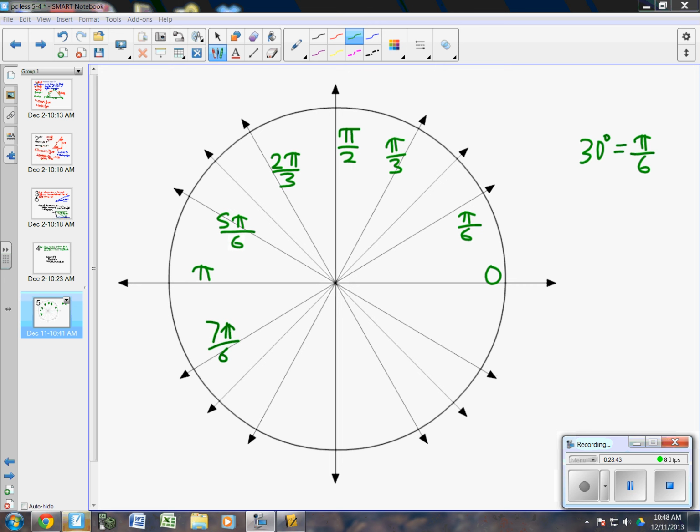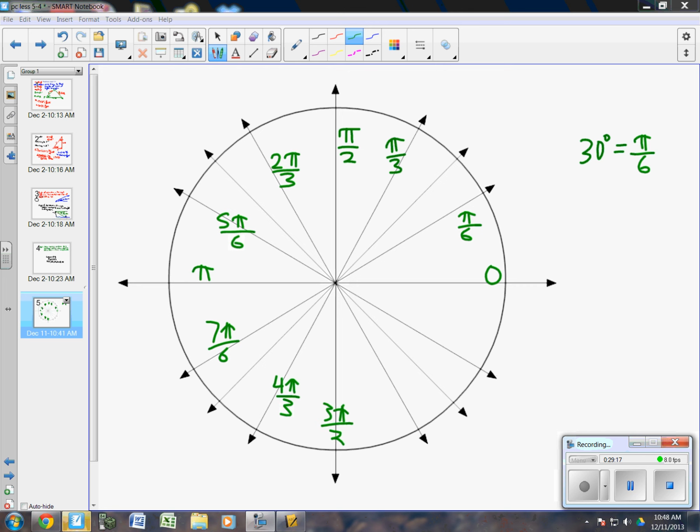So now we have 1/6, 2/6, 3/6, 4/6, 5/6, 6/6, 7/6. What comes after 7/6? 8/6. What does 8/6 reduce to? 4/3. So 4 pi over 3. And after 8/6, you get 9/6. 3 will go into 9 three times and into 6 twice, so 3 halves. 3 pi over 2.